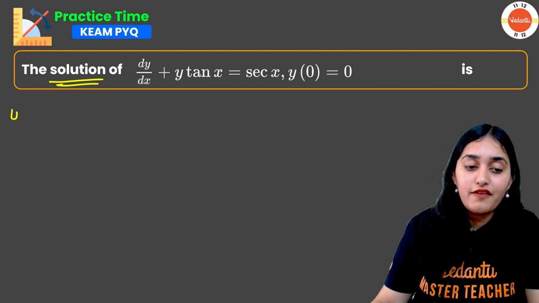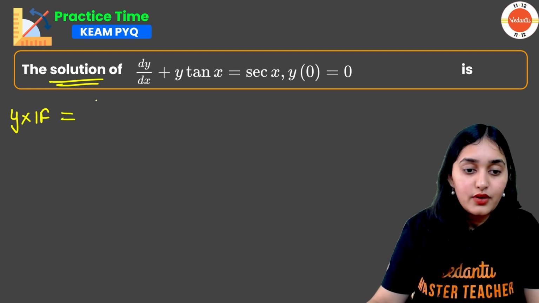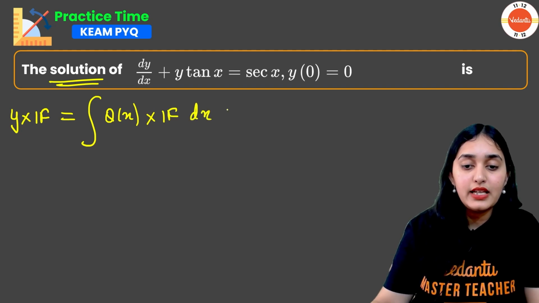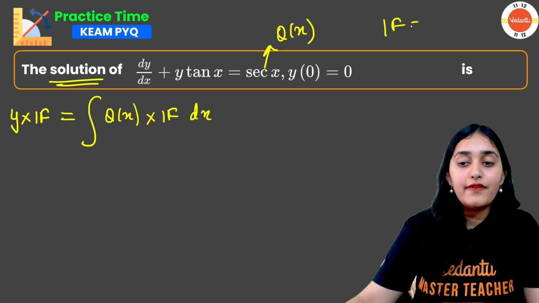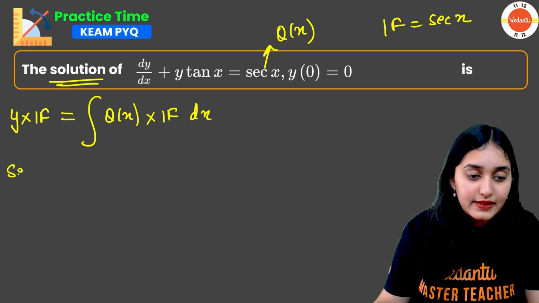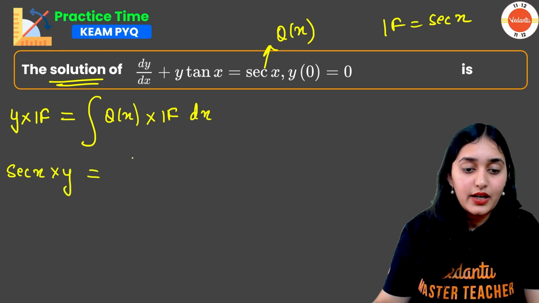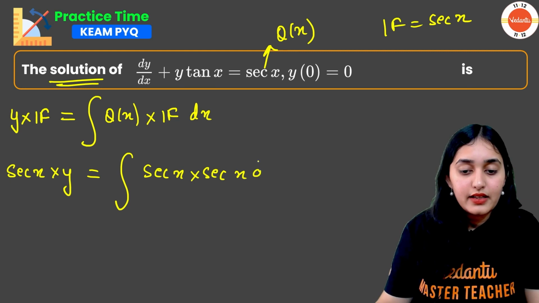Solution is basically y into integration factor is equal to integration of qx into integration factor with respect to dx. Now this is qx and integration factor is sec of x. So our answer is sec x into y is equal to integration of sec x into sec x dx.